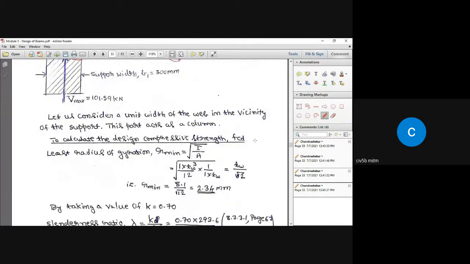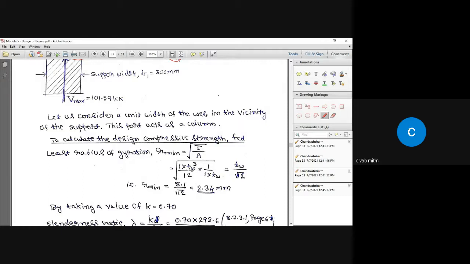The first thing we need to do is, what is the buckling class the rectangular section belongs to? According to page number 44 of the code book, please open it.